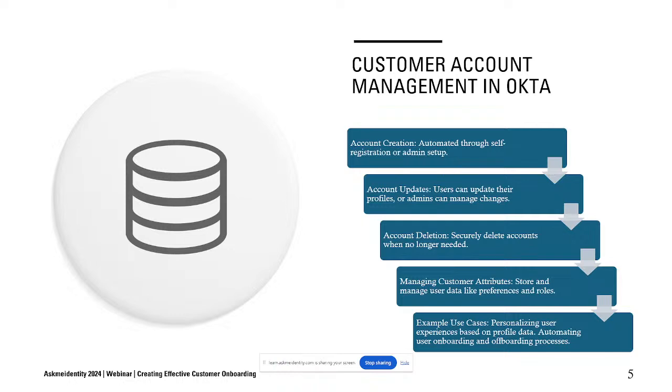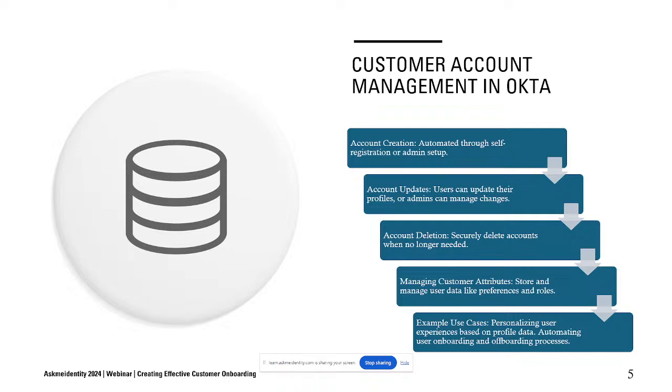It can also be an admin setup for a business customer, but mostly it will be self-service. Then account updates: users from time to time will look to update their display picture, their addresses, their attributes, or their passwords. Finally, if a user is no longer needed or a user requests an account deletion, as per the privacy rules, we need to delete the account.